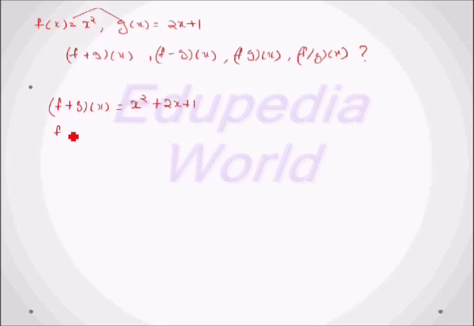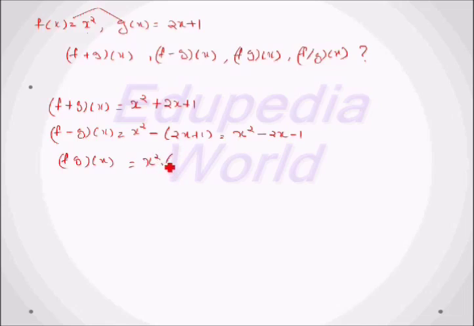Similarly, we have f minus g of x equals the first function x square minus 2x plus 1, that is x square minus 2x minus 1. The next one, fg of x, that is equal to x square into 2x plus 1, which is equal to 2x cube plus x square.